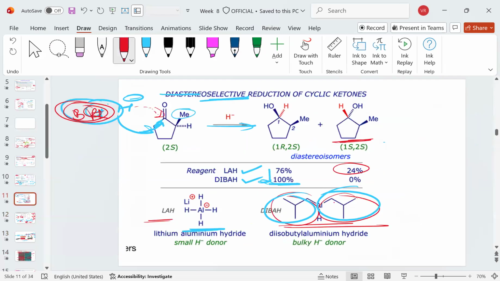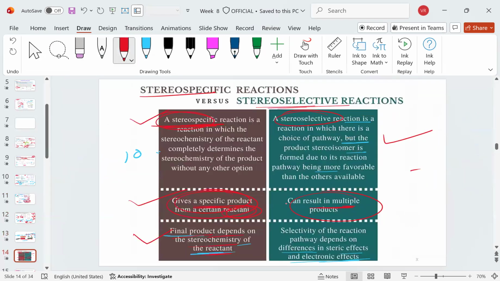In one example, we have seen the selectivity depends upon this methyl. Also, selectivity depends upon this bulkiness. So there are several factors for the selectivity. That's about the stereoselective and stereospecific reactions.